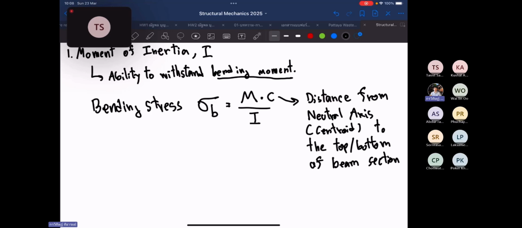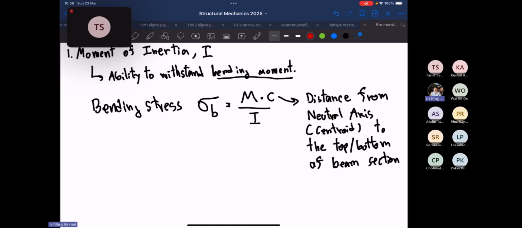This one means the higher the moment of inertia is, the lower the bending stress is. So we select the appropriate section that provides this moment of inertia so that we can select the section to withstand the appropriate bending moment.